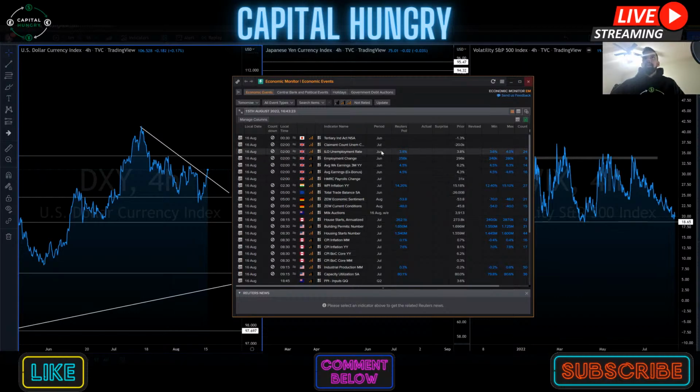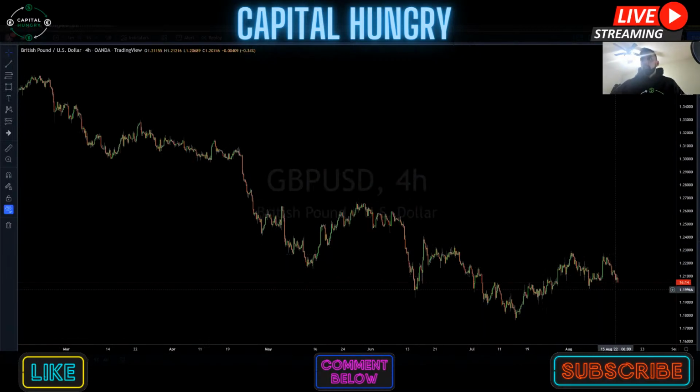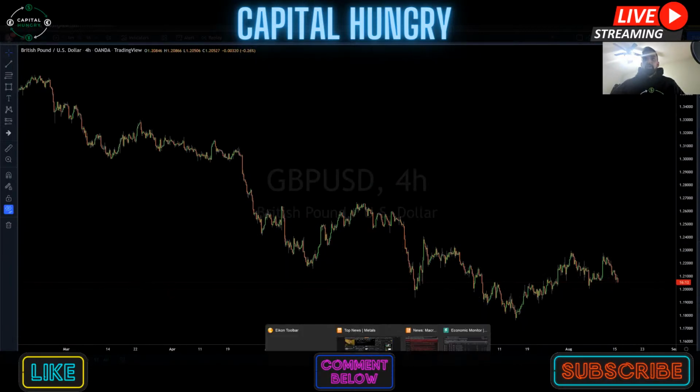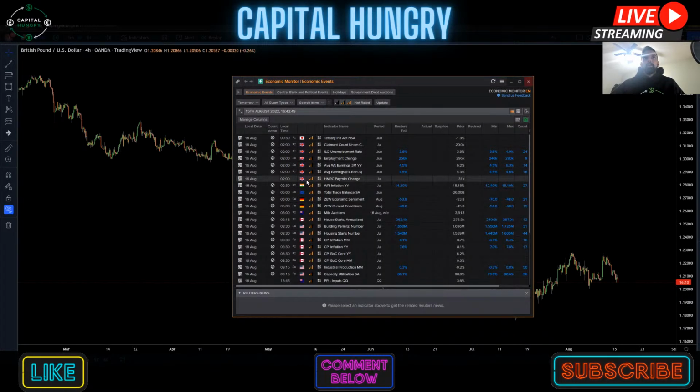So if we see negative unemployment count change, a rise in the unemployment rate, a heavy drop in the employment change, average weekly earnings quarterly and monthly dropping, then that can make a weaker GBP, but also a stronger Japanese yen in the short term, leading to some more downside on GJ and also supporting more downside on GU.